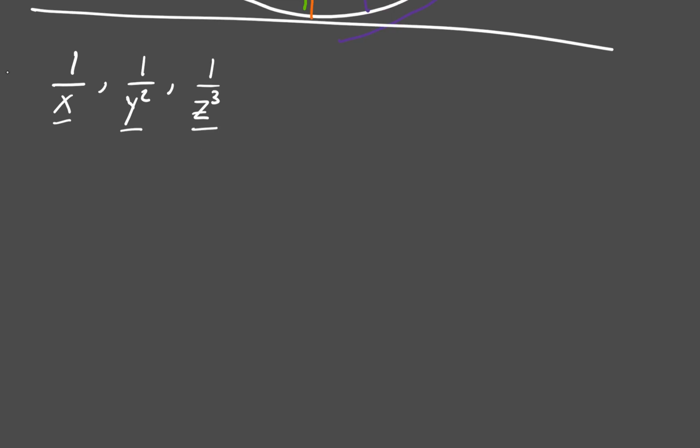So what I need for my least common multiple is I need an x, I need 2 y's, and I need 3 z's. So there's my least common multiple. It has the x, so that this divides into here evenly, y squared divides into here evenly, and z cubed divides into here evenly. So that's my least common multiple of those 3 things.